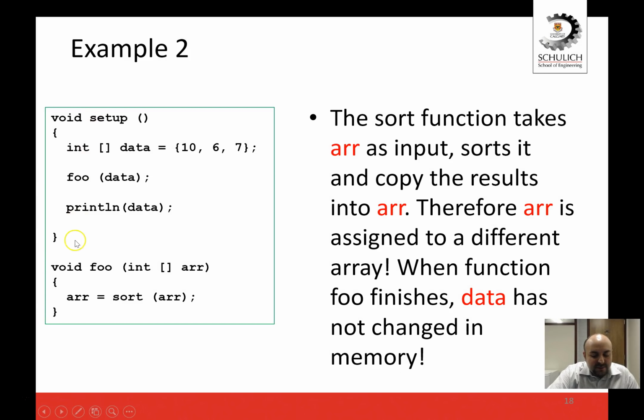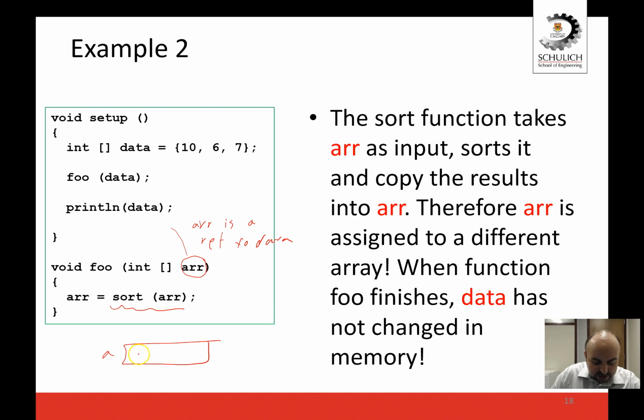Here is a case where I'm passing R by reference. So R is a reference to data. But what happens is, when sort is called, sort is taking R and then basically sorting the array, which is completely fine. So R in memory is going to be 6, 7, and 10.